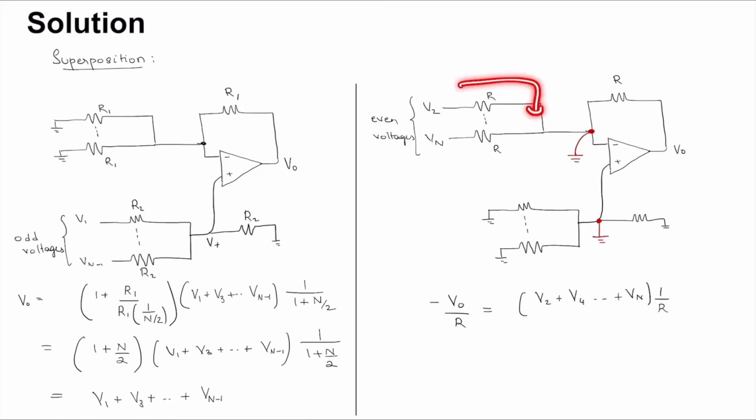That is, the sum of all these currents is equal to this current. So V out is equal to minus V2 plus V4, so on till Vn.